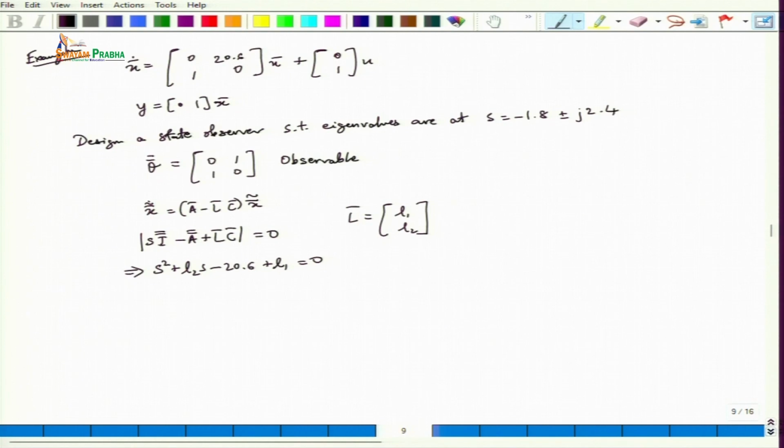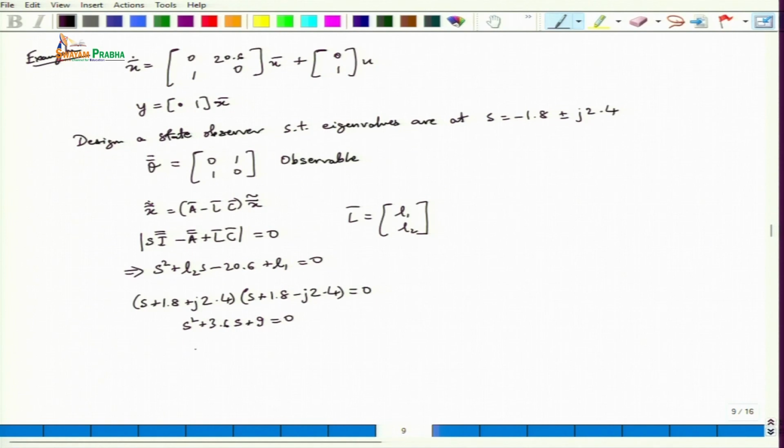And from the eigenvalues we can get the corresponding desired characteristic equation. That will be S plus 1.8 plus j 2.4 times S plus 1.8 minus j 2.4. So we are going to just multiply these two parts corresponding to these desired eigenvalues, and we will get S square plus 3.6 S plus 9 equal to 0.